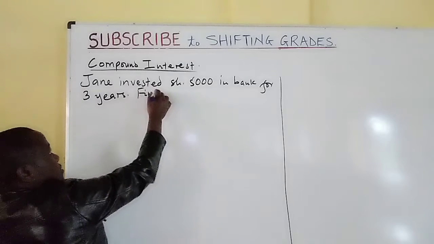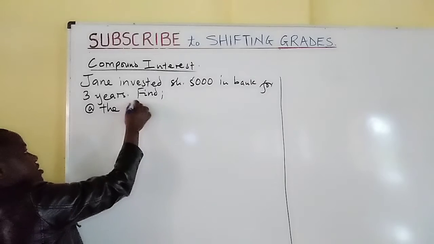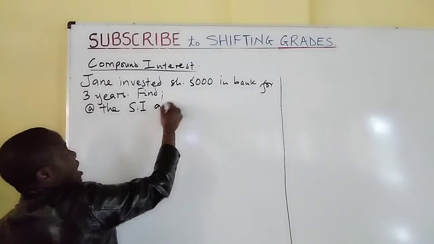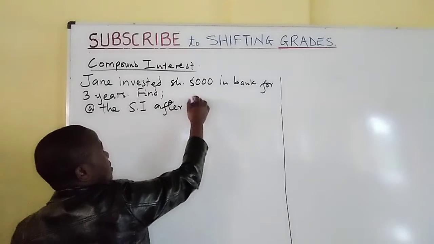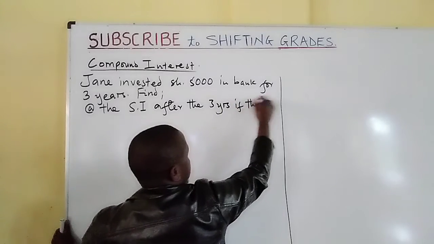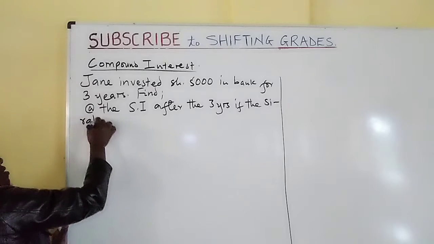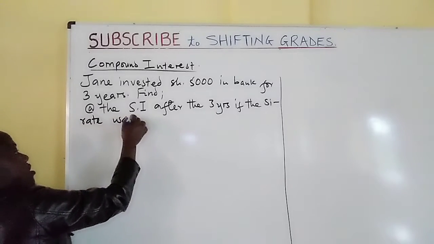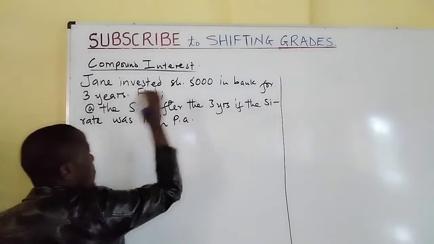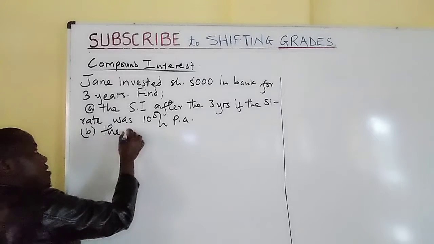Find part A, the interest or the simple interest after the 3 years if the simple interest rate was 10% per annum.